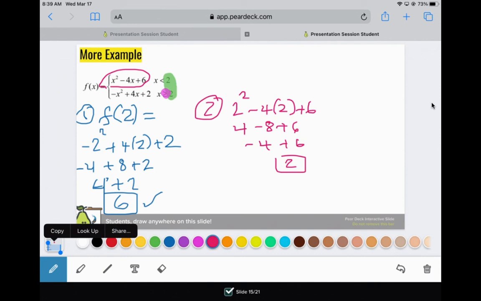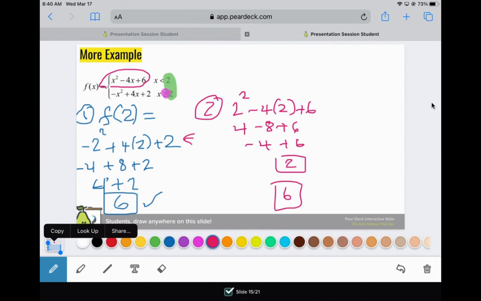The second function we already tested, the bottom one right here. So we can say the second one is 6. Since you already tested the first one, you can plug it in again, or you don't have to.